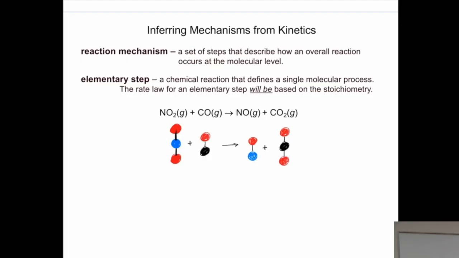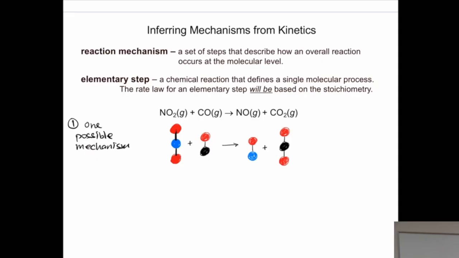You might propose a model where one possible mechanism was where one molecule of NO2 collides with one molecule of CO. That forms a transition complex, and that then resolves into the products.